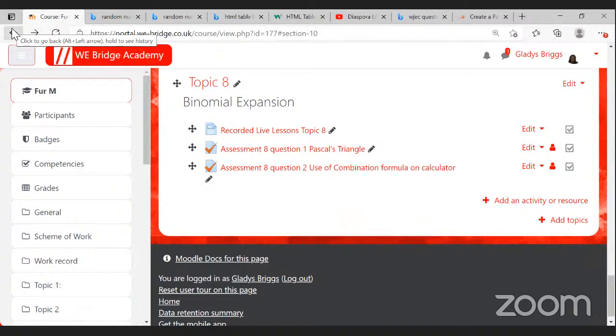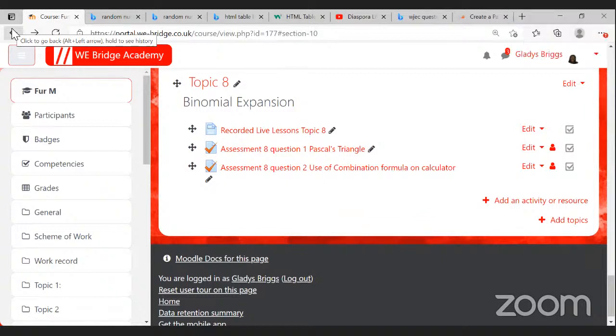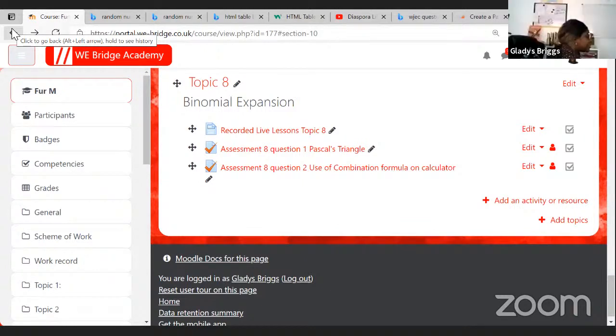Did you get it? Yeah, I think so. I'll check now for you. Okay, well done. So I'll check the answer for you. But what are you supposed to get? The coefficient of x to the power of 5.